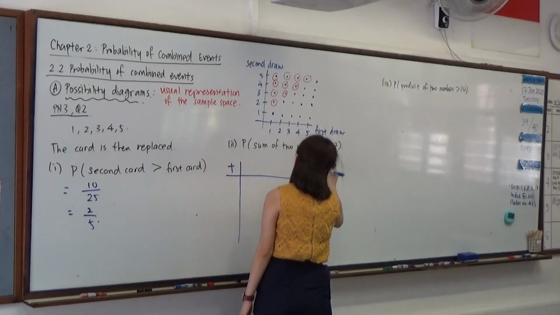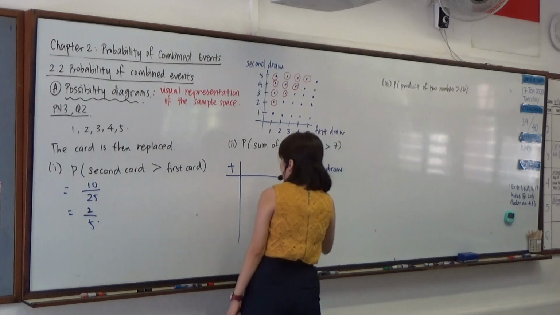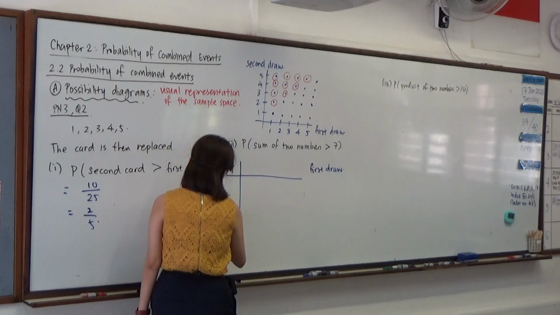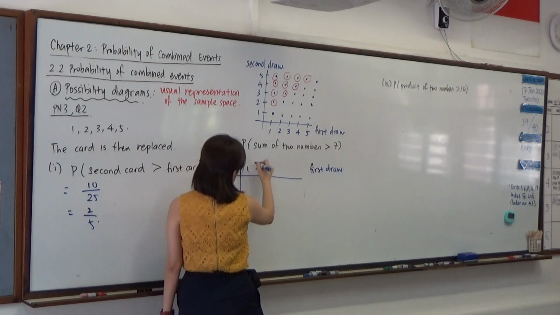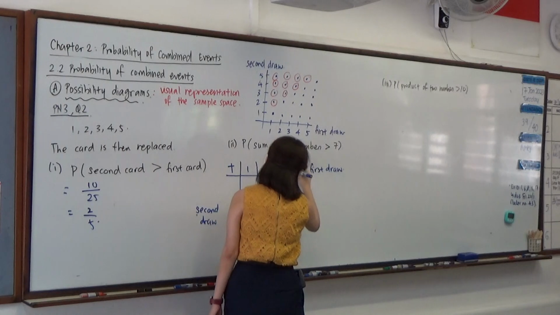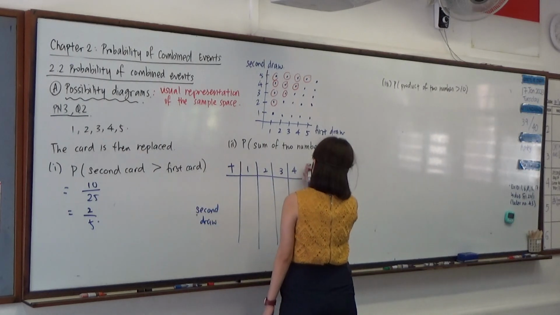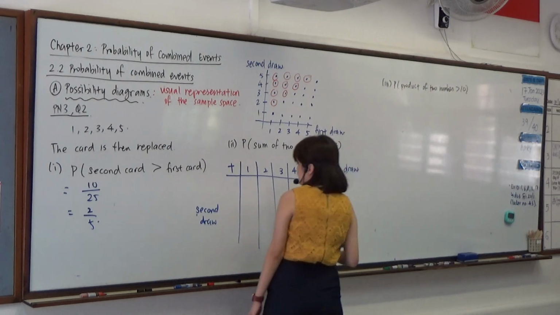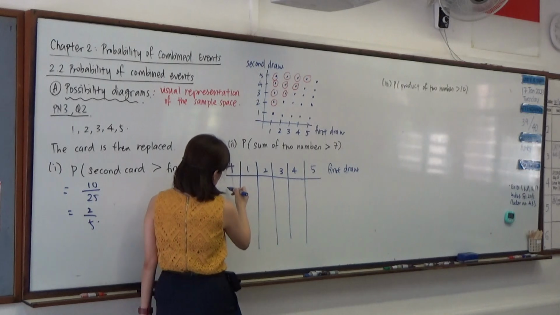First draw and then second draw. Numbers are 1, 2, 3, 4, 5. It's not enough space. This one is definitely more tedious.